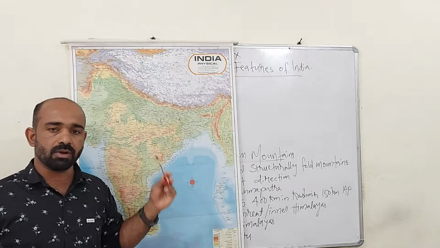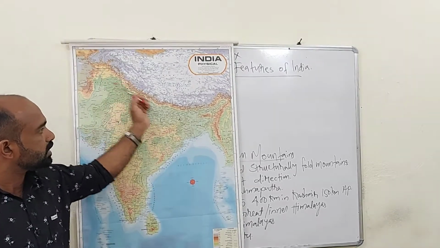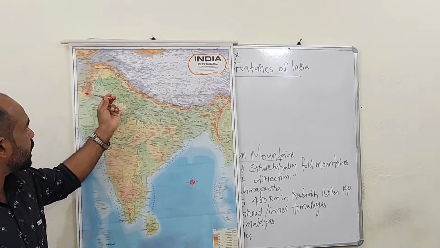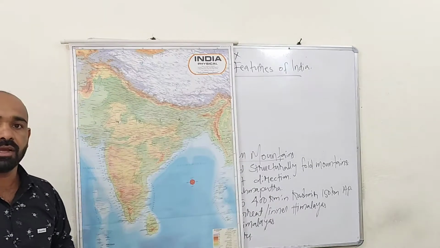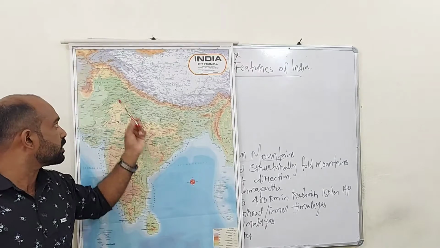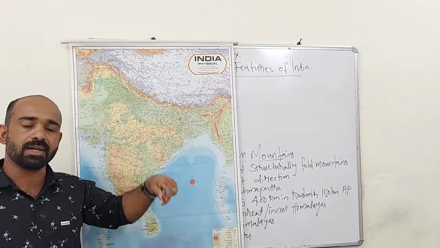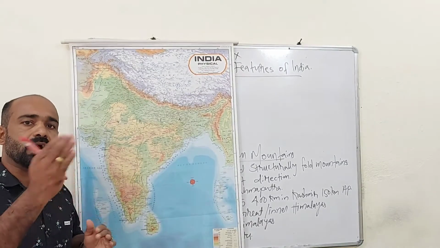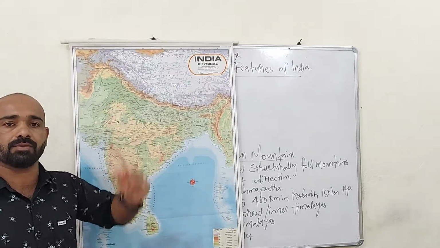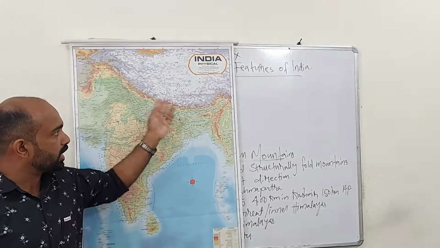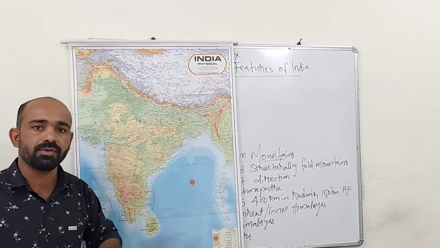The Himalayan mountain range runs in a west-east direction, from the western side to the eastern side, between the Indus and Brahmaputra rivers. The western border of the Himalaya is marked by the river Indus, and the eastern border by the river Brahmaputra.